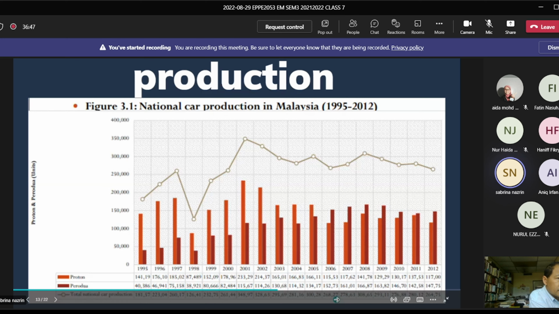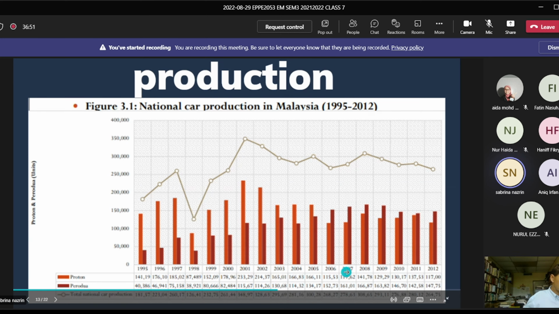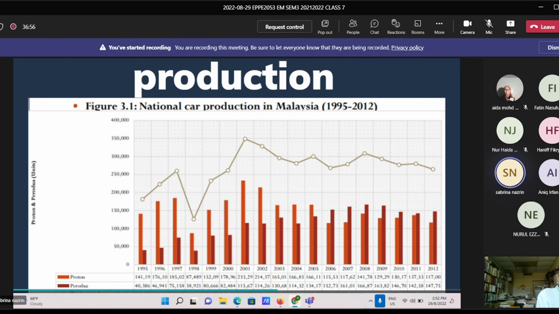This is a graph of national car production in Malaysia from 1996 until 2012.